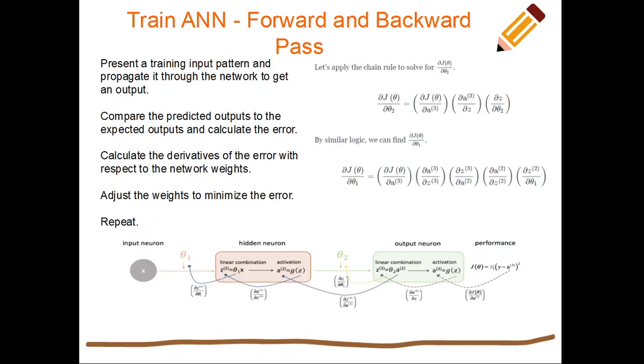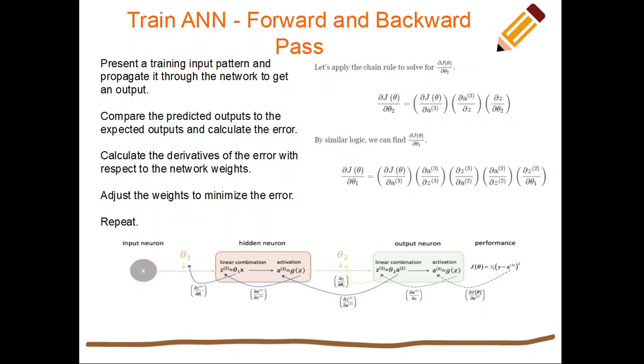Before we move further, let's also talk a little bit about the training process of artificial neural networks. An artificial neural network needs to be trained on the input data before it is ready to make predictions on new data. Training is split into two steps: a forward pass and a backward pass.